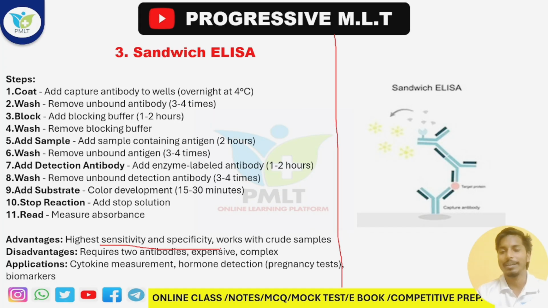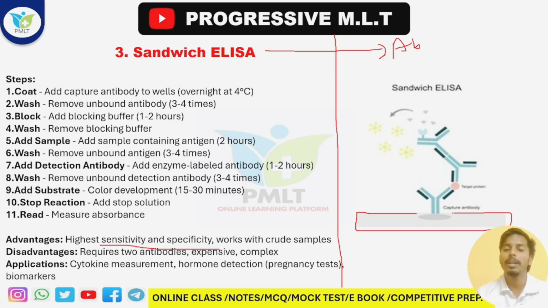Please keep in mind that. Okay, see, sandwich ELISA helps to detect the antigen, AG. See, sandwich defines that there should be antibody, AB. There is already a coated antibody. Please keep in mind that this microtiter plate, or immunosorbent, is coated with antibody.